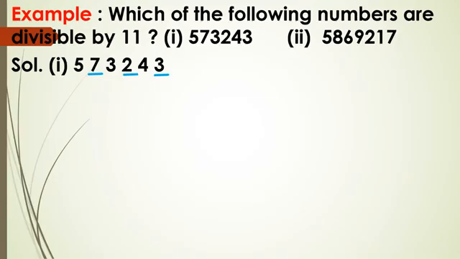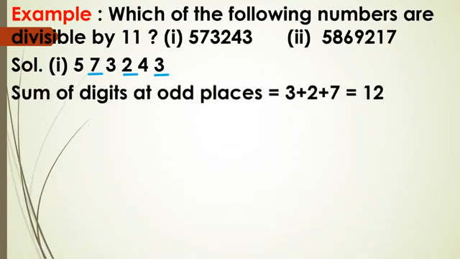So let us find out first of all the sum of digits at odd places starting from ones place. I have marked all the odd place digits with blue line. So ones place digit is odd place, 100 place is odd place, and 10,000 place is odd place.